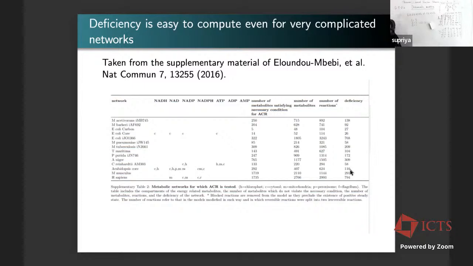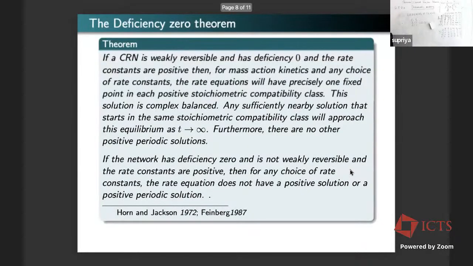My point in showing this was just that it's an easy thing to calculate. You may not be able to solve those metabolite networks at all, but at least the deficiency is easy to calculate. And this was a theorem that we are going to try to understand: what does deficiency zero imply for the dynamics?